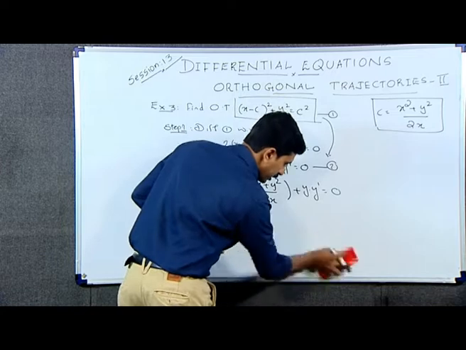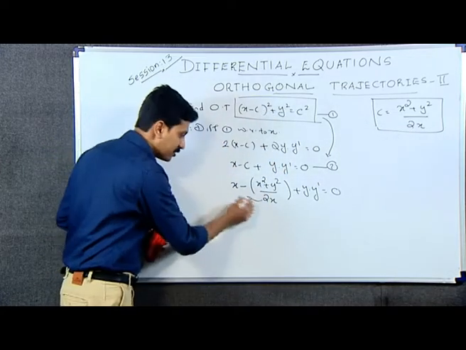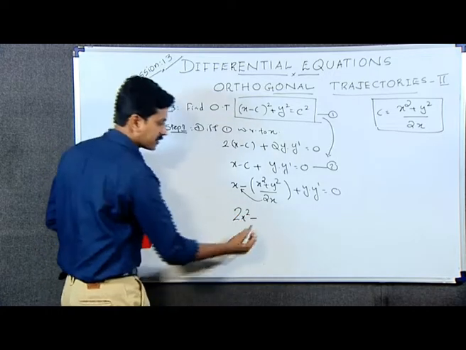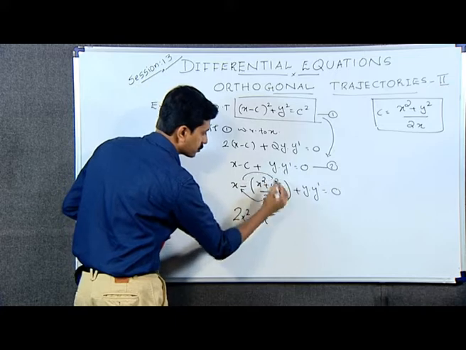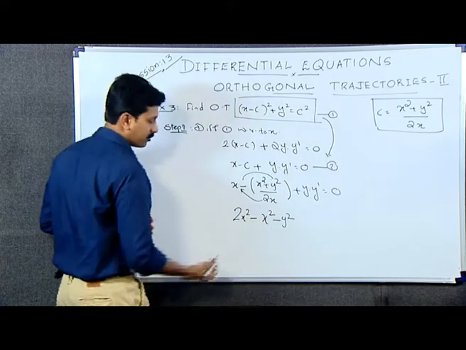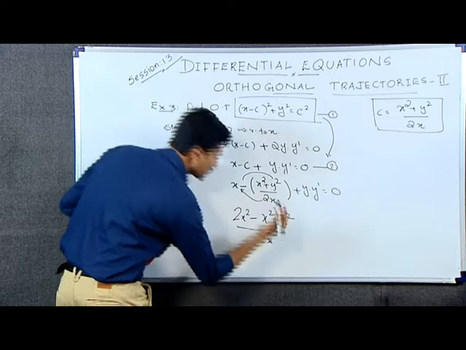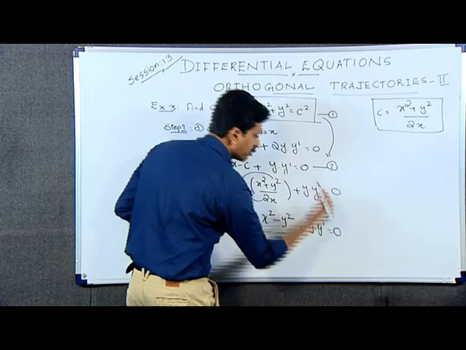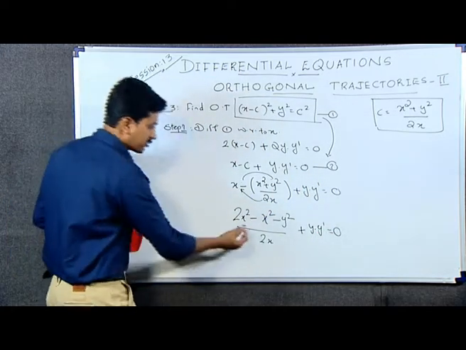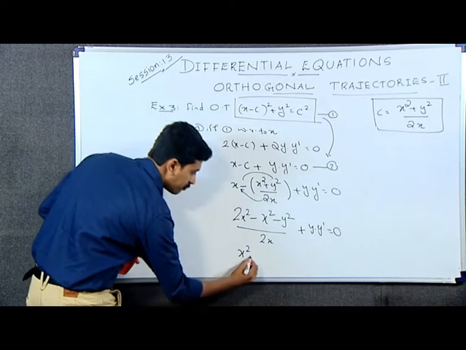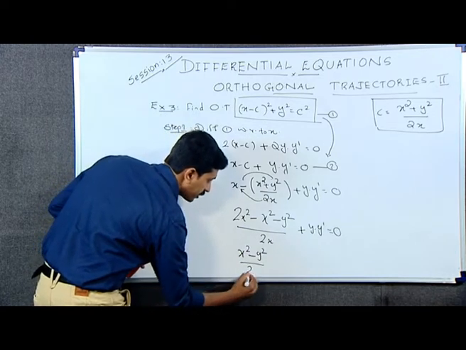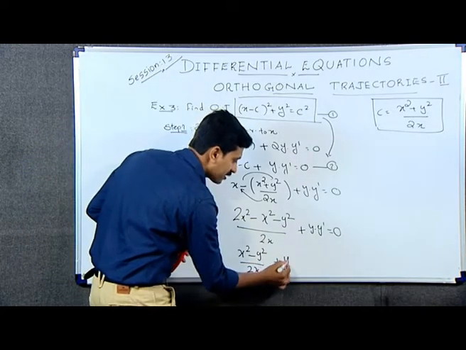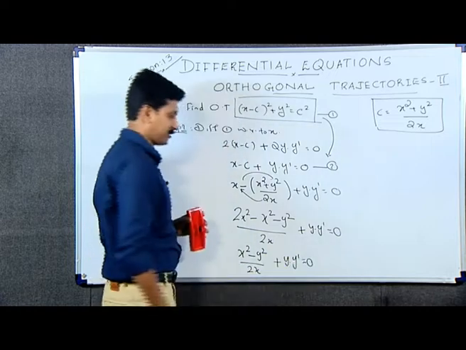Taking 2x in the denominator, we get 2x square minus x square minus y square, whole divided by 2x, plus y y dash equal to 0. So we will have (x square minus y square) divided by 2x plus y y dash equal to 0.